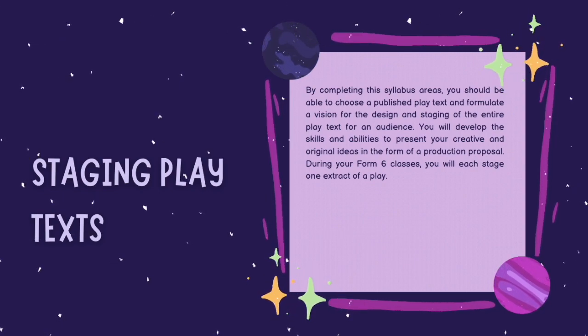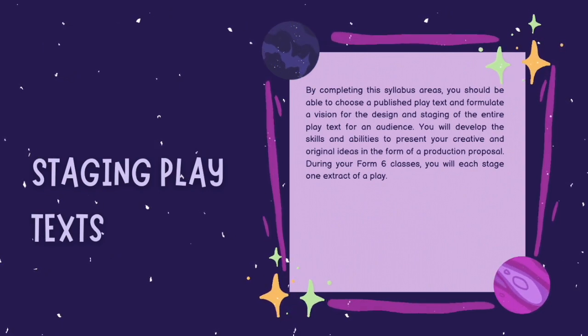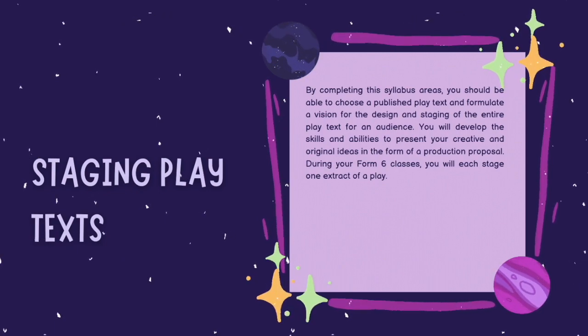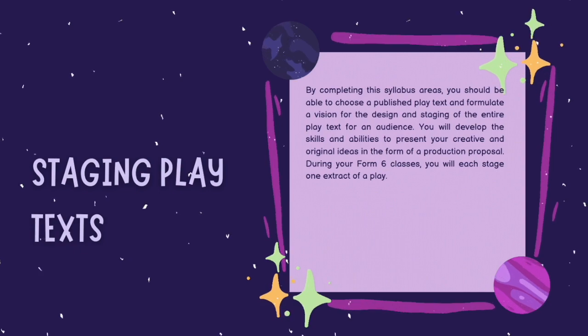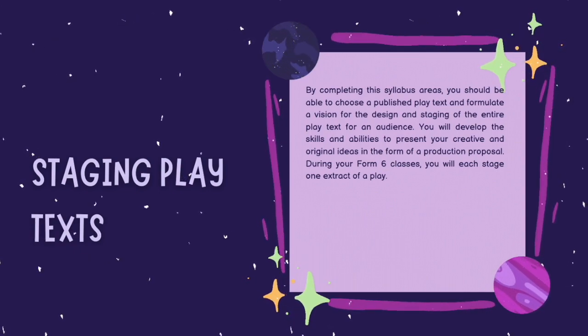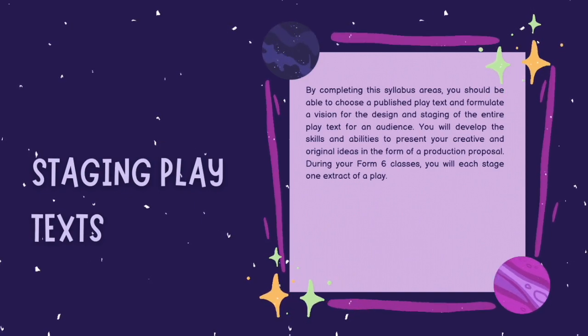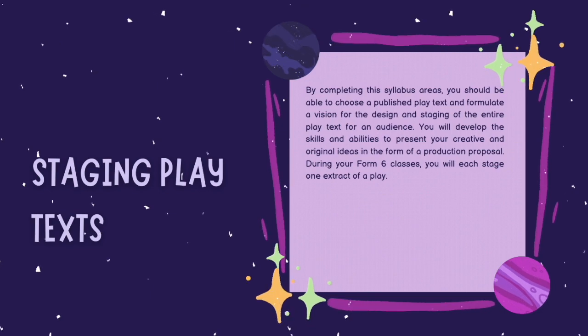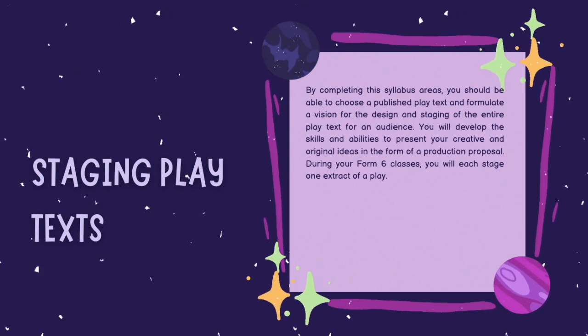Then you will later on focus on specific moments of a play that can be more detailed and thorough. So you need to eventually be able to present your creative and original ideas in the form of a production proposal, and that requires a lot of visual presentation.